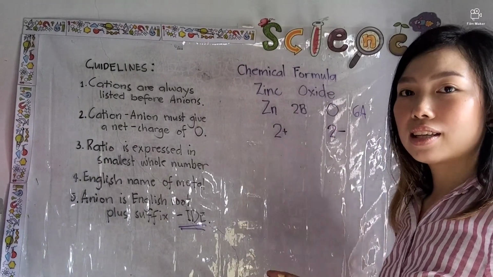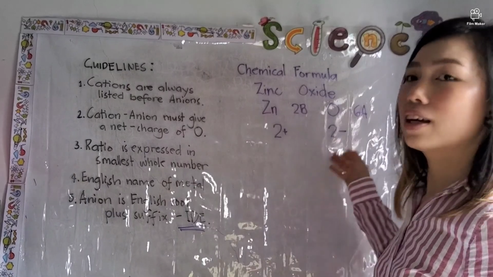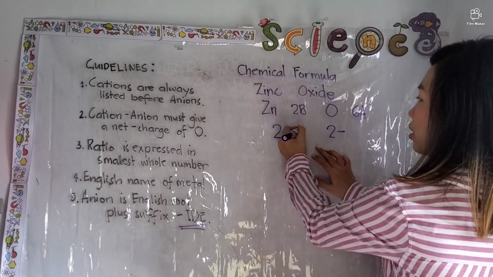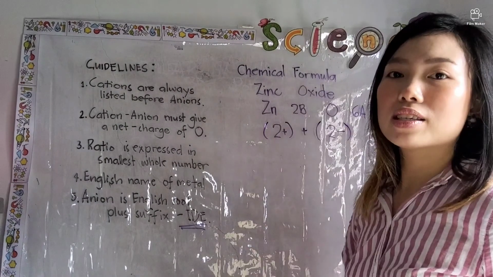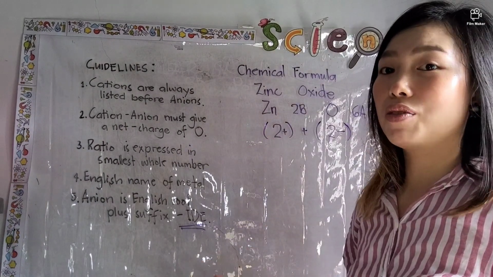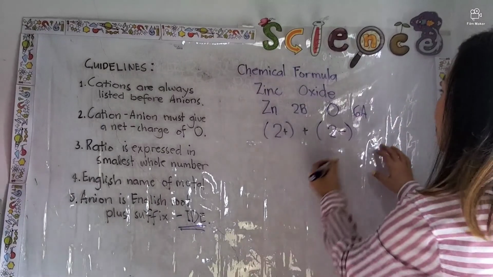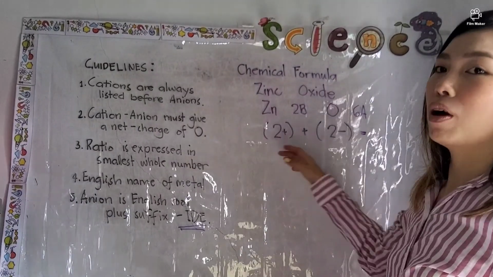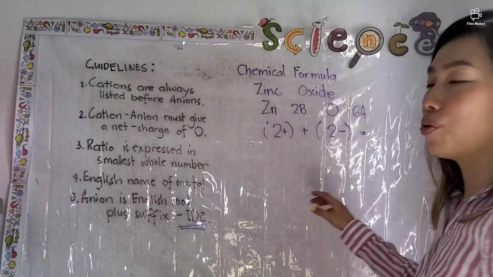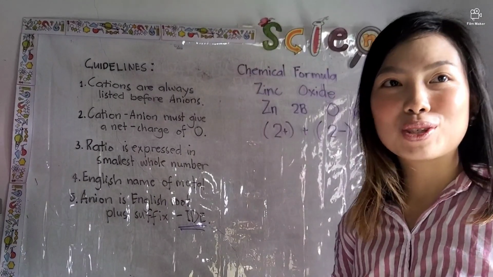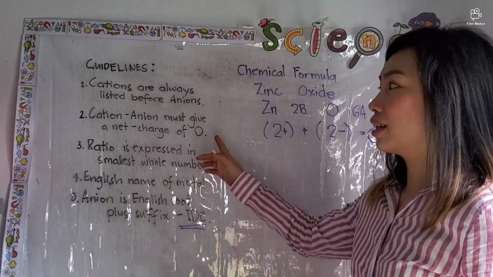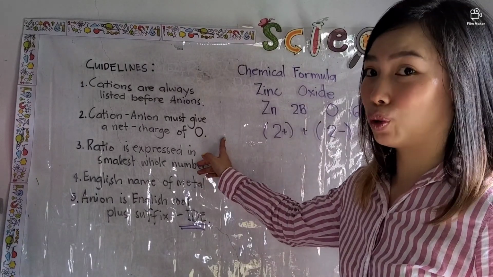Next thing na gawin mo is to add the 2 charges. You may enclose it in a parenthesis para hindi ka malito sa positive and negative charge. 2 plus negative 2 will give you an answer of 0. So, pasok at tama ulit ang sagot natin para sa guideline number 2.